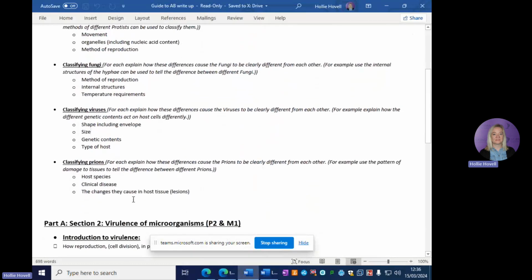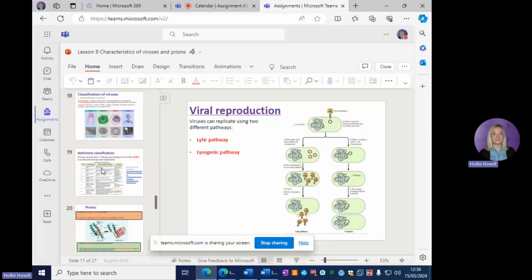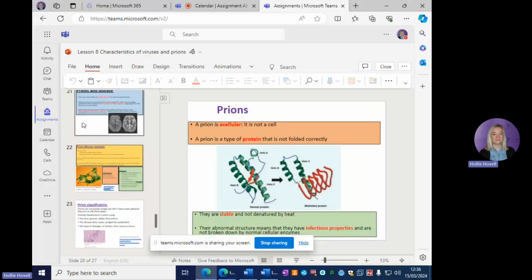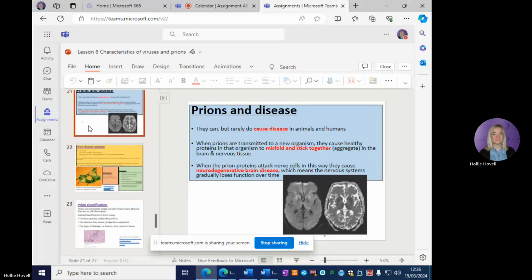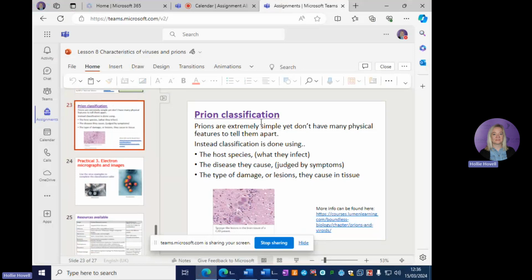Then we're on to the last part of this section 1, which is classifying prions. So first of all, prions can be classified by their host species. The second part of this PowerPoint went on to the information about prions. We've got an example just there, a little bit about classification here.